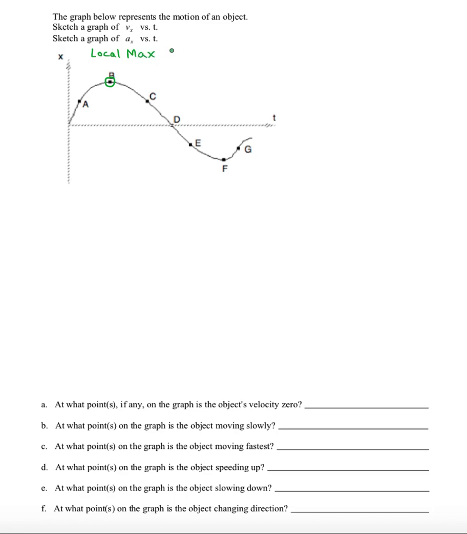And when we have that, we found a place where the velocity of the object is 0. Now down here, we see point F is what is called a local min, or local minimum. And this is also a place where the velocity is going to be 0.